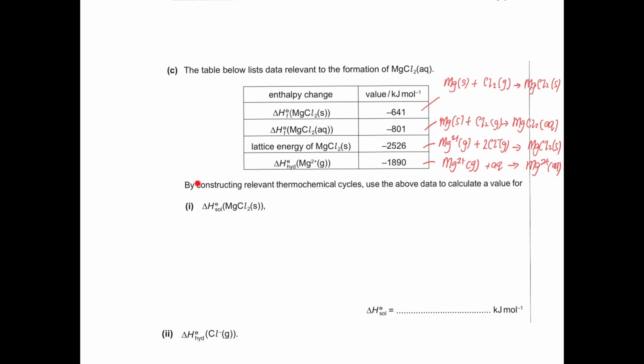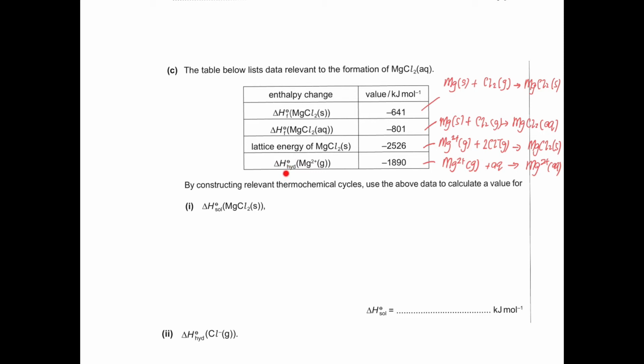By constructing relevant thermochemical cycles, use the above data to calculate a value for the enthalpy change of solution for magnesium chloride solid. Enthalpy change of solution is slightly different from enthalpy change of hydration.